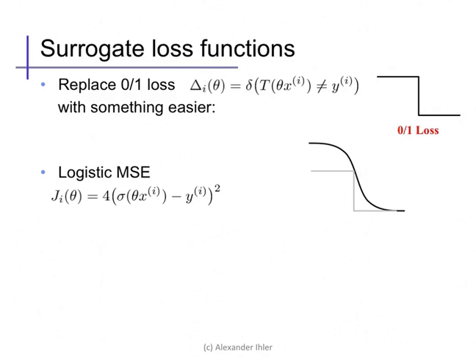For these reasons, we instead optimize a surrogate loss, a loss function that's similar to what we want but has nicer properties. The first of these that we saw was the logistic mean-squared error loss, where the loss increased smoothly from 0 if we were heavily in the positive region, predicting correctly, increasing as we approach the decision boundary, and finally saturating to some large value.